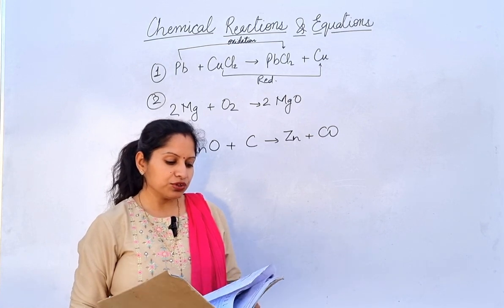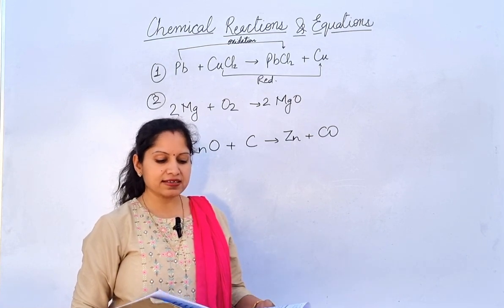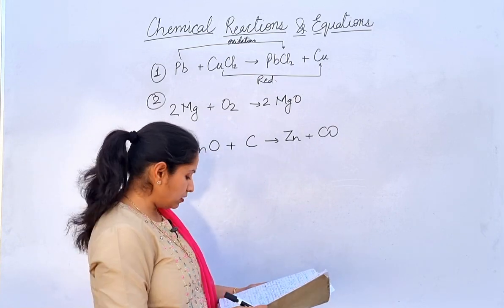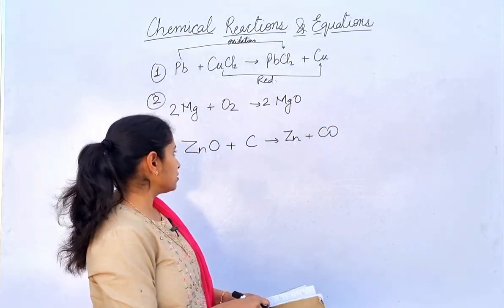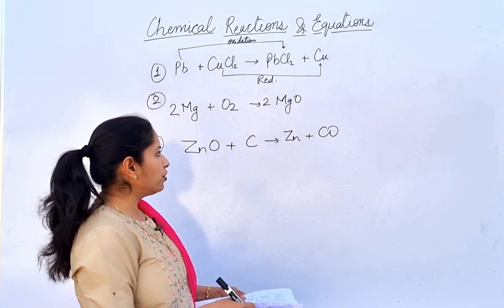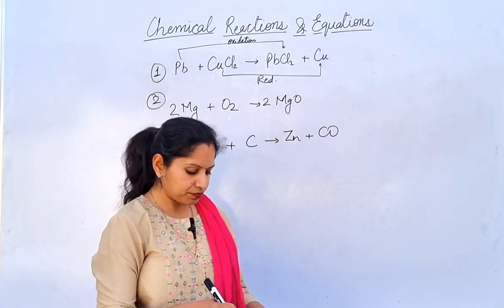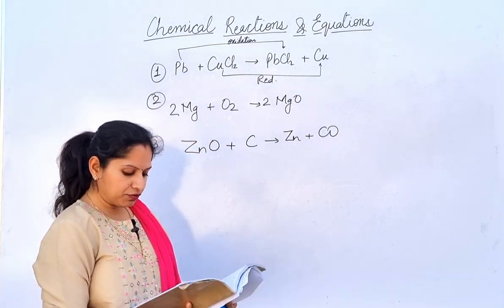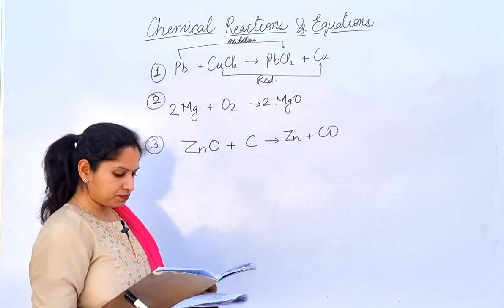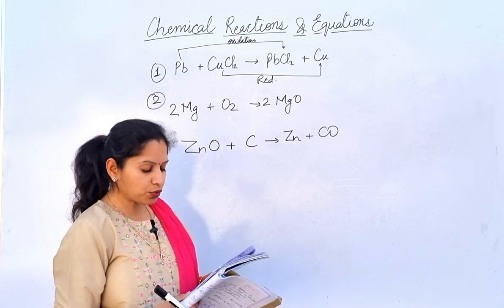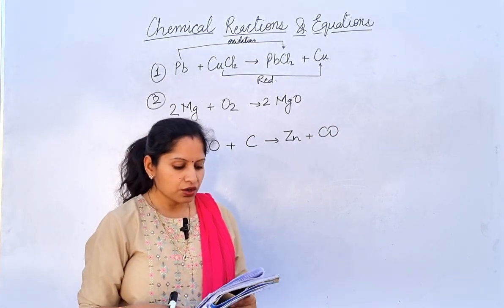And which type of reaction is that? That is an example of a displacement reaction. Carbon, being more reactive than zinc, takes away the oxygen from zinc. Okay, can we move on to the next reaction? Okay, next one, work it out by yourself.